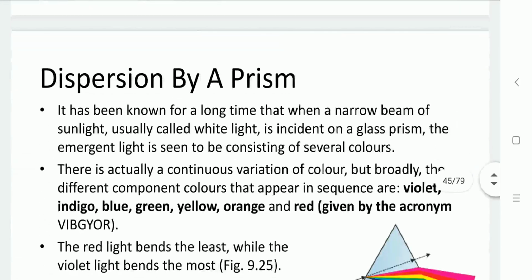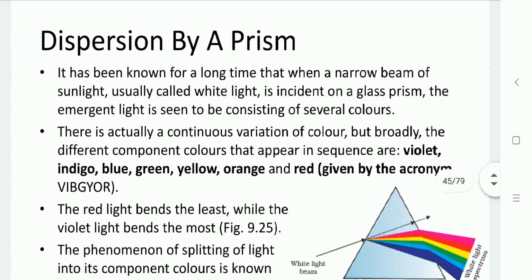Next, dispersion by a prism. As we know, sunlight is a very narrow beam and generally carries white light. When this white light or sunlight is incident onto the prism, on the other side of the prism we get several colors of beam.